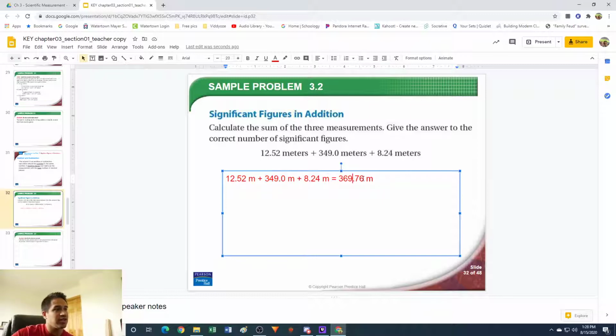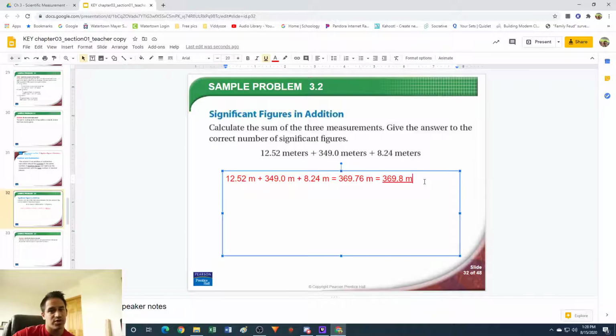Now our answer currently has 2 numbers after the decimal. So we're going to round the 7. We're going to keep all of this, 369.7. And the 7 here is going to round up to an 8 because of the 6. So our proper and final answer should be 369.8 meters using proper significant figure rounding rules.